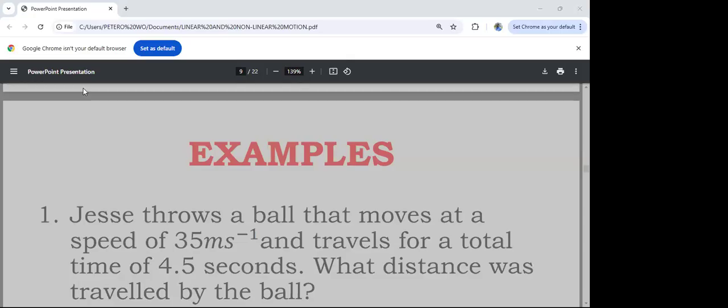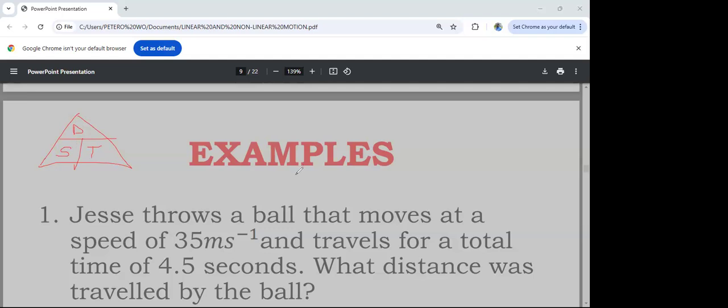So we have a triangle. And that triangle has distance, it has speed, and time. So how are we going to use the triangle?